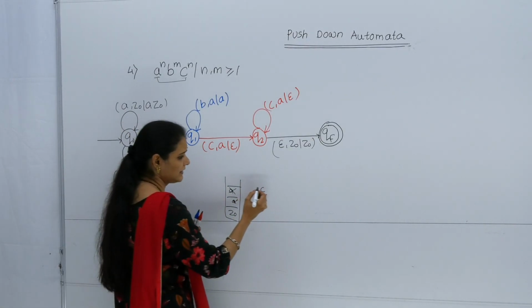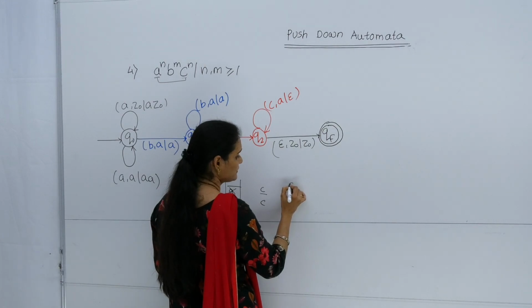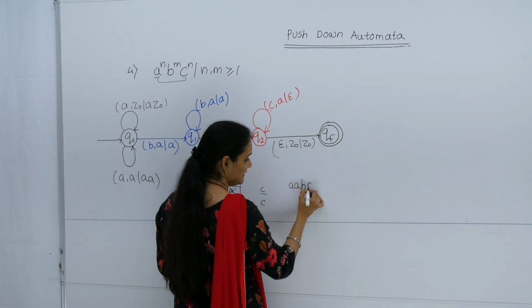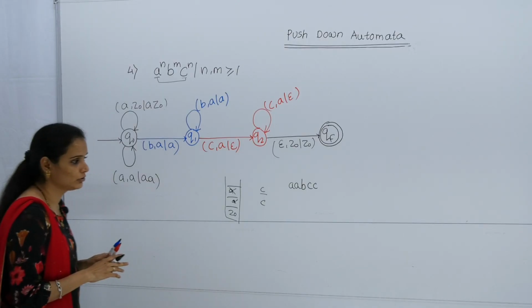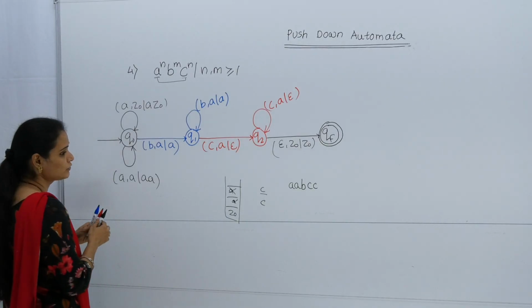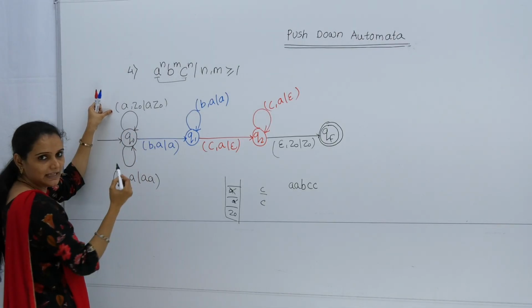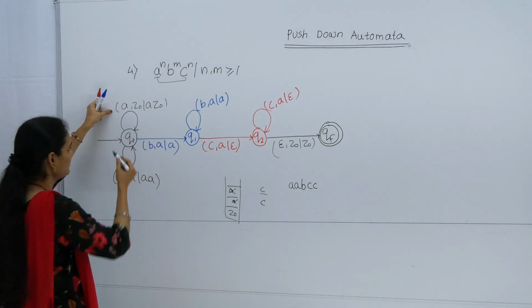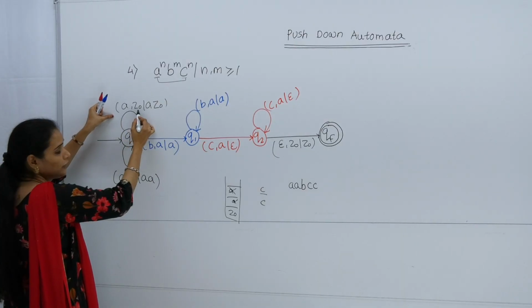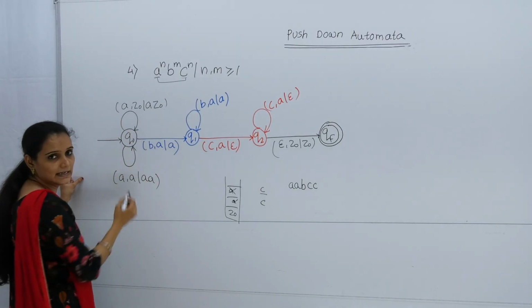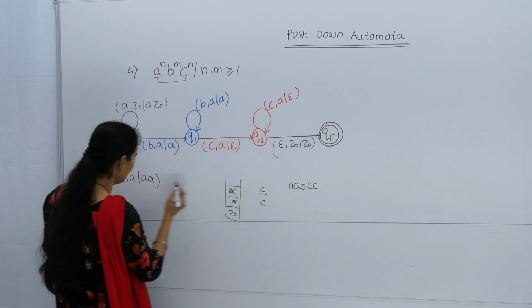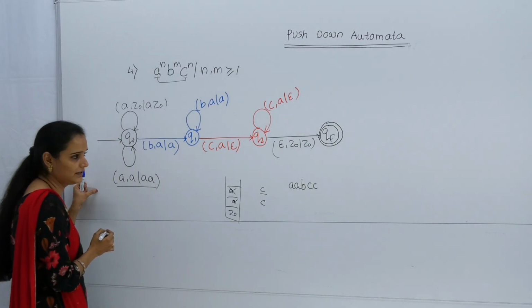Here we will consider one particular example. Suppose it is A, B, C, C. That kind of string it will accept. The first A is accepted and pushed into the stack using the condition: input A, top of the stack Z0, giving A Z0. Then the second A is pushed using that same condition.